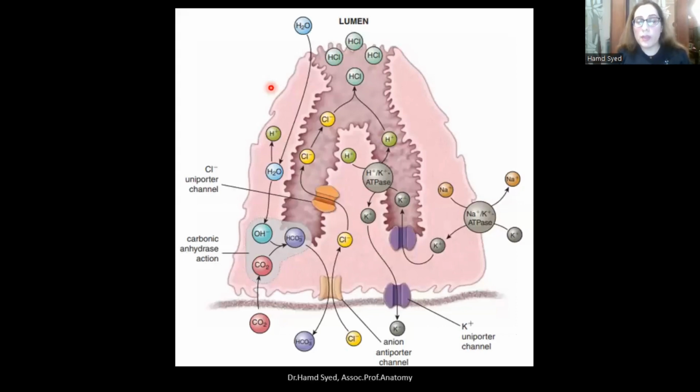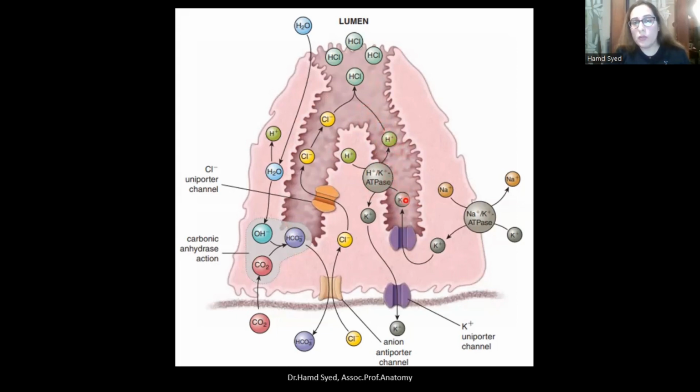This is the same thing that I just discussed, but a little more in detail, in which you can see that these here are the intracellular canaliculi of the parietal cell. And in the wall of these intracellular canaliculi, you can see the proton potassium ATPase, which is responsible for the secretion or release of the hydrogen ions into the lumen of the stomach.